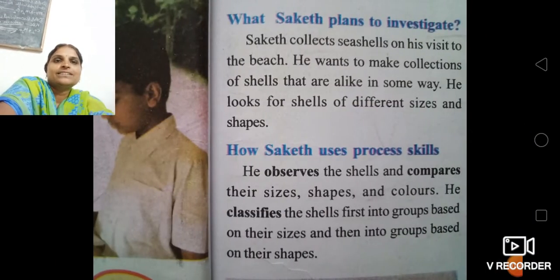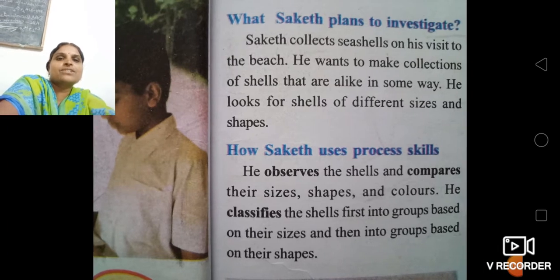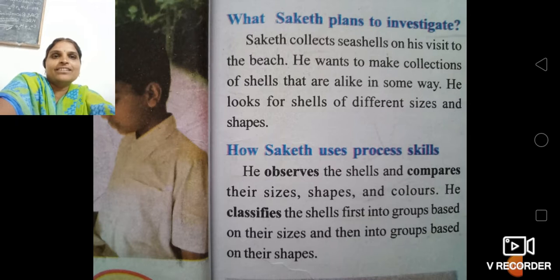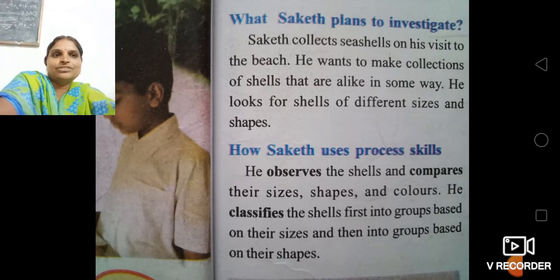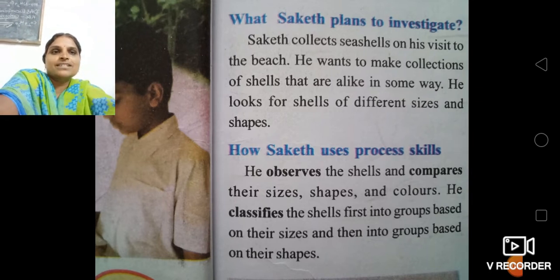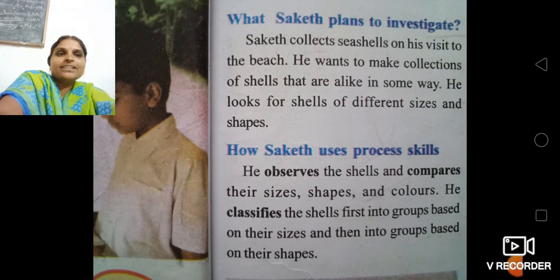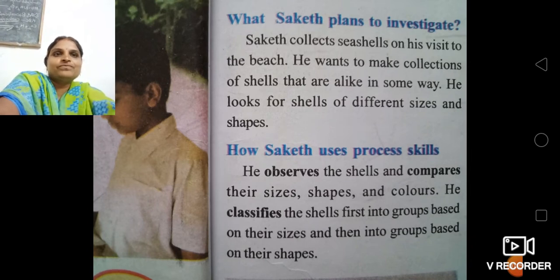See in this picture, who is he? He is Saket. Saket wants to know the shape of the shells. What does Saket plan to investigate?